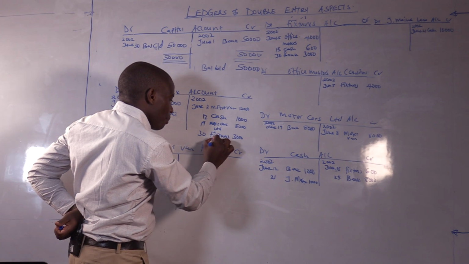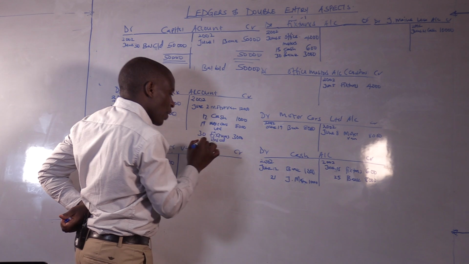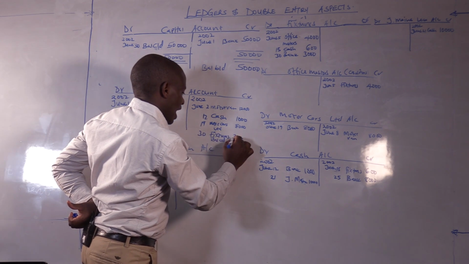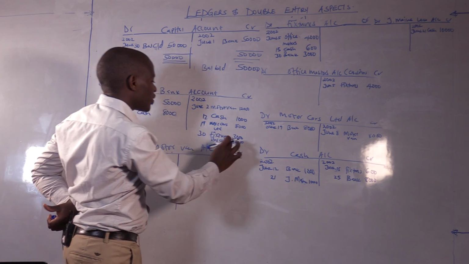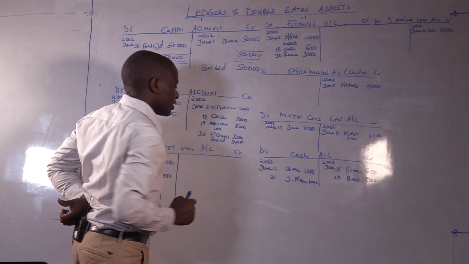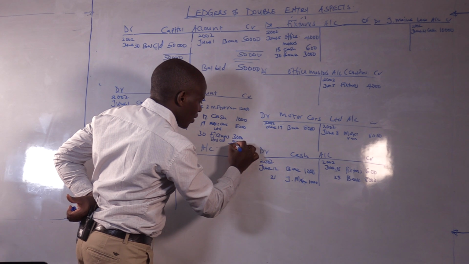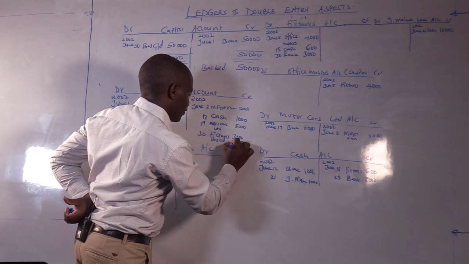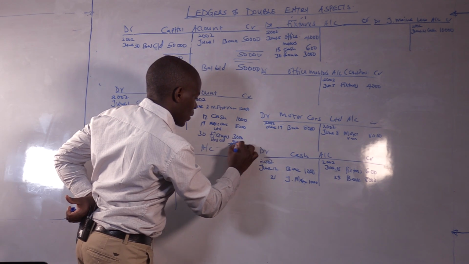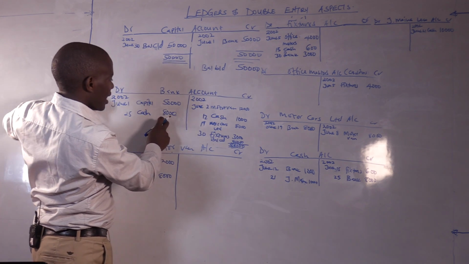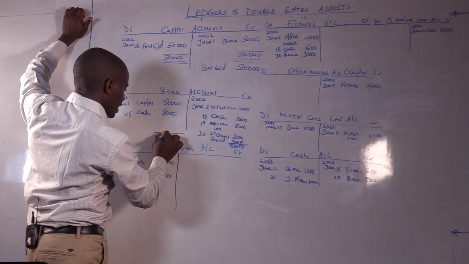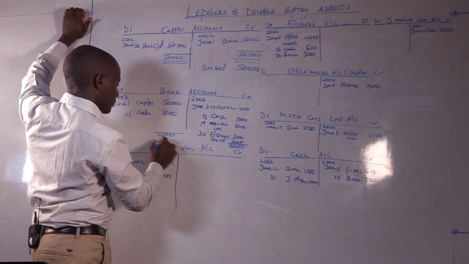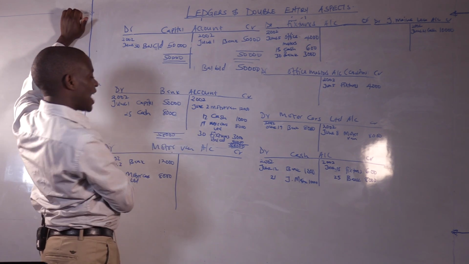So we shall have balance carried down as 34,000 there, so that on this side we have 58,000 and on this side we also have 58,000, just like that.